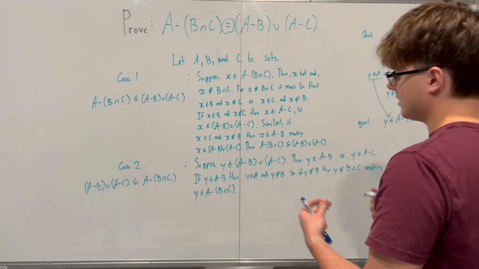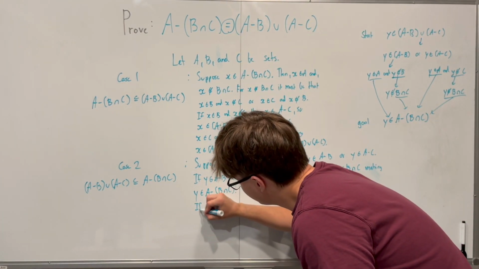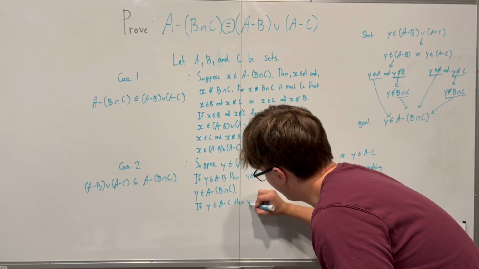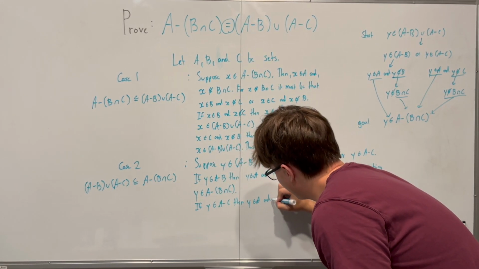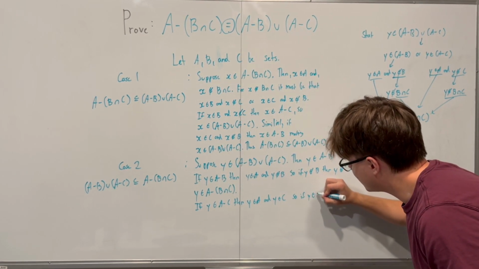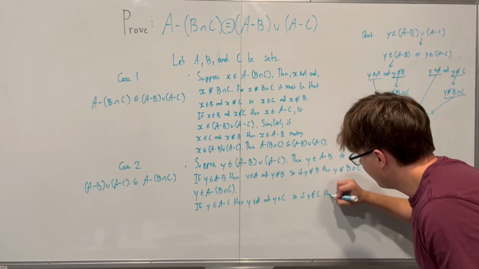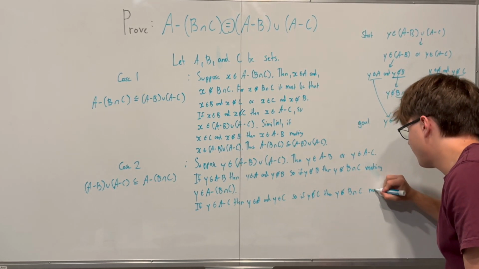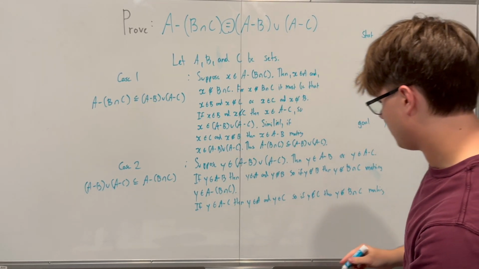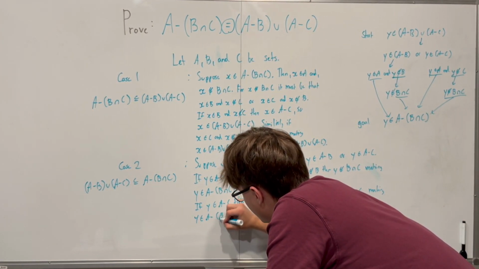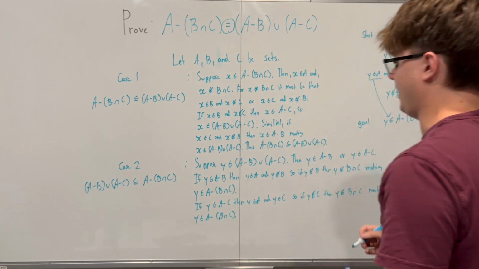Fantastic. Okay, and similarly, if y is an element of A minus C, then y is an element of A and not an element of C. So if y is not an element of C, then y is not an element of B intersect C, making y an element of A minus B intersect C. Fantastic.